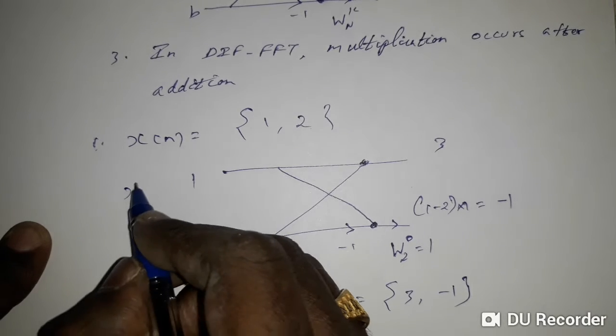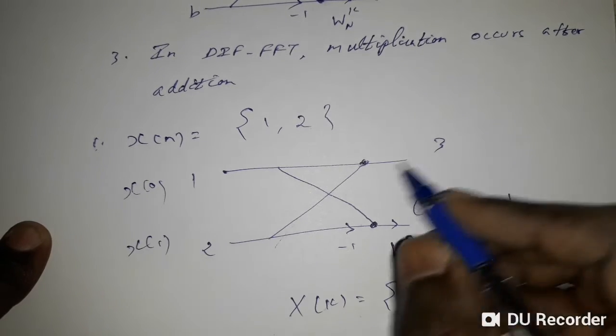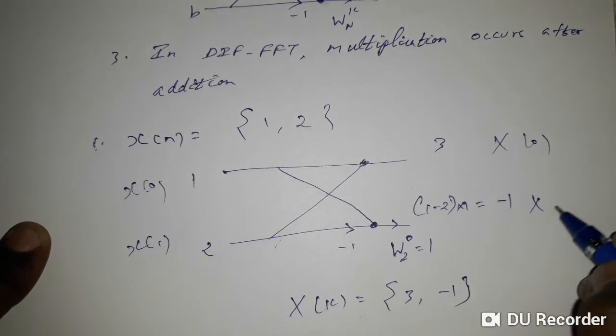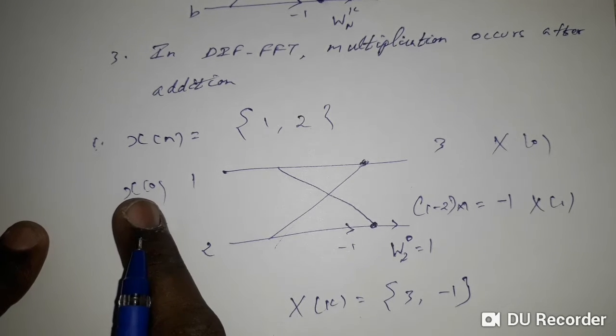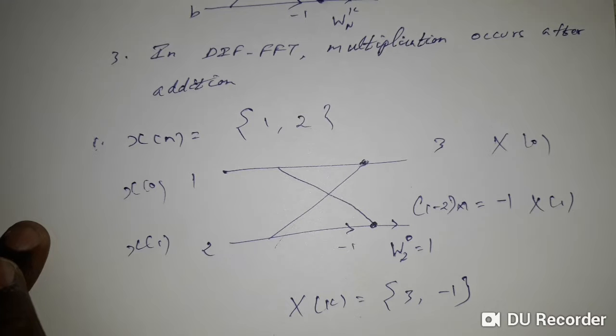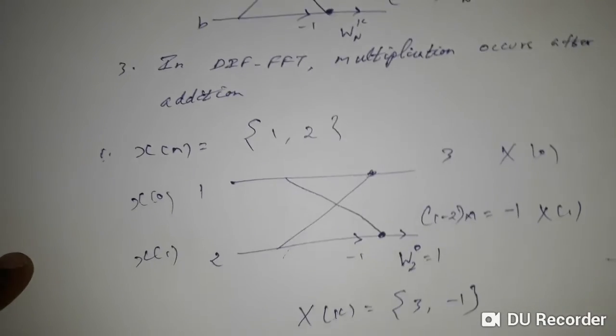Here the input is x of 0, x of 1, and the output is capital X of 0, capital X of 1. There is nothing to do on bit reversal. 0 is represented in binary as 0, 1 is represented as 1. Since we are using only one bit, even if you reverse the bits, it will be the same. But when it comes to 4-point, you have to check the bit reversed order. So we will do the 4-point sequence now.